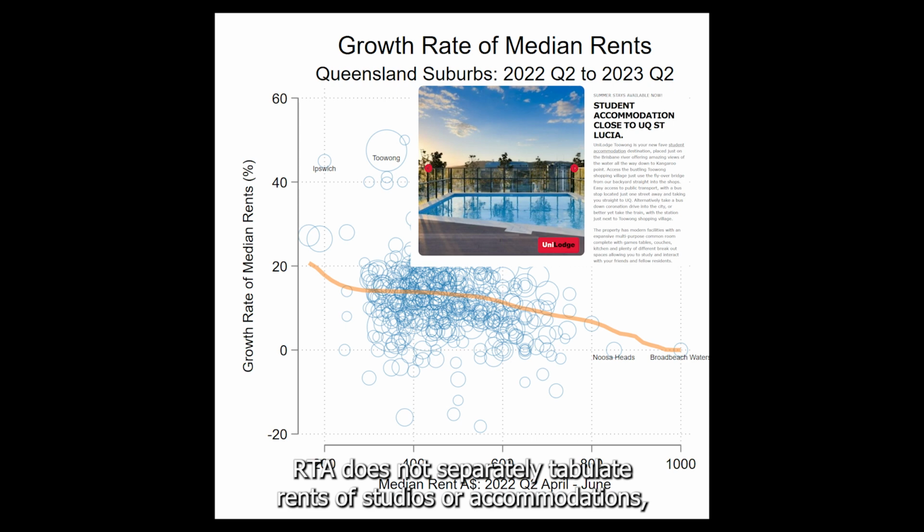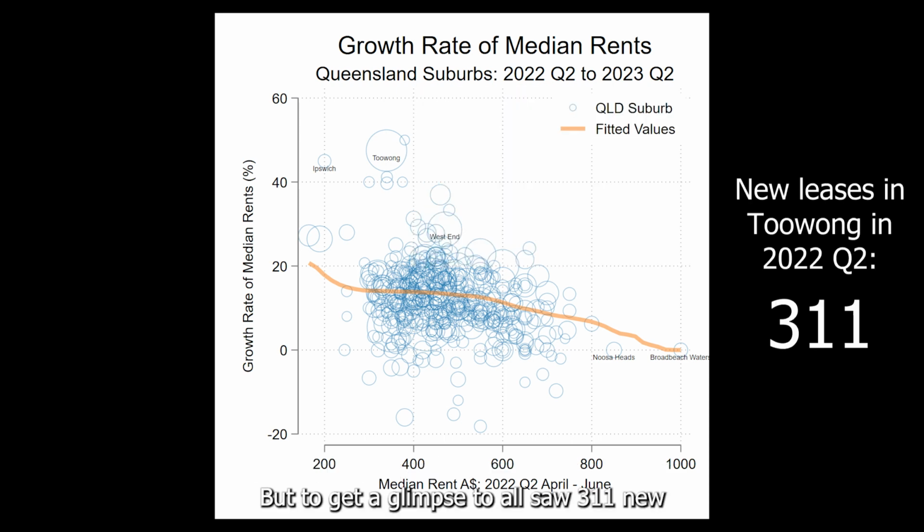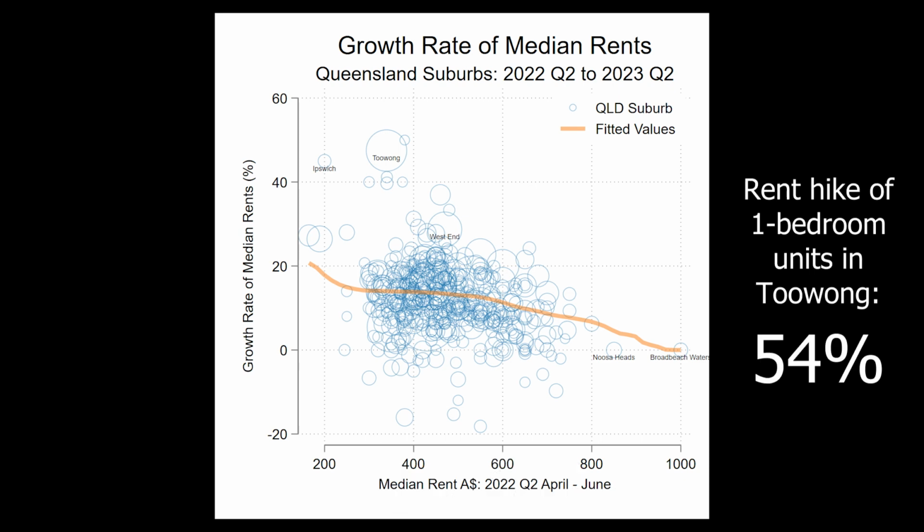RTA does not separately tabulate rents of studios or accommodations specially built and managed for students, such as student rooms. But to get a glimpse, Toowong saw 311 new leases of one-bedroom units in 2022 Q2, but only 73 in 2023 Q2. During the same period, the median rent of one-bedroom units saw a 54% increase.